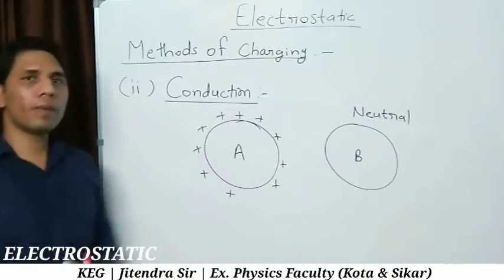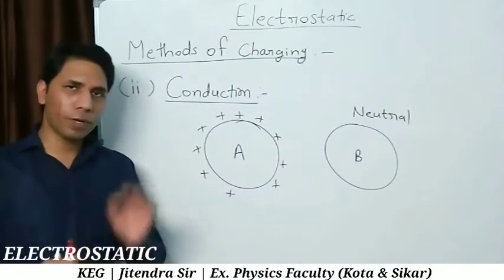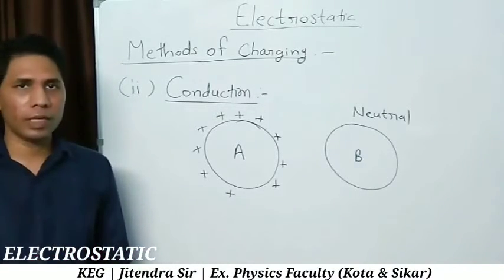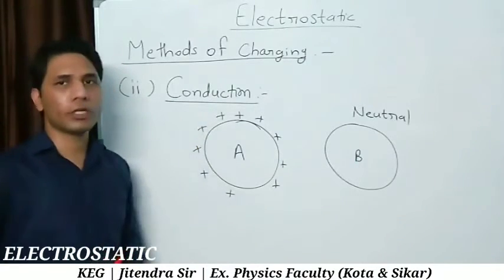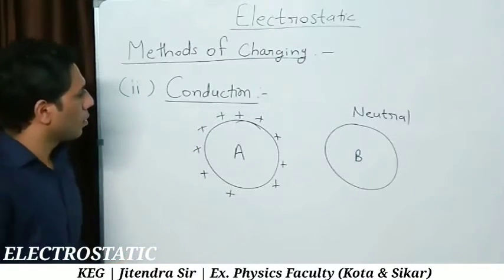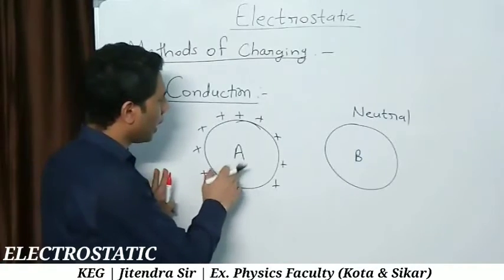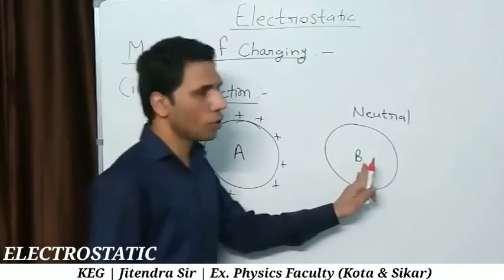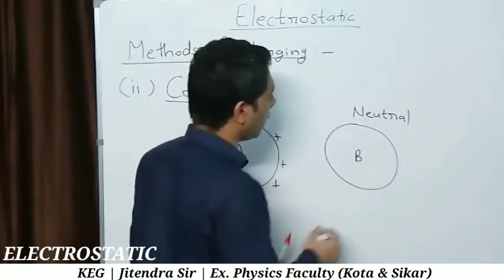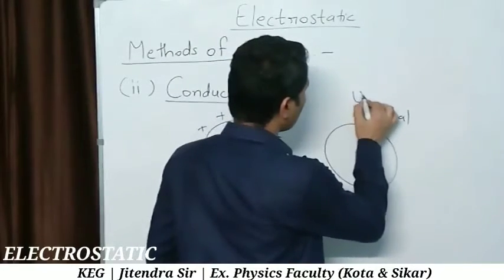For conduction, at least one body must be charged. It is the condition for conduction. So here body A is charged and B is neutral, or we can say it is the uncharged body.